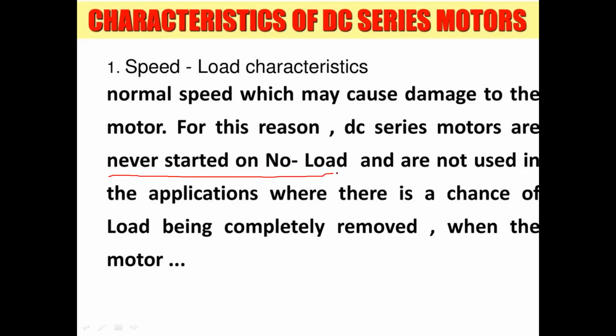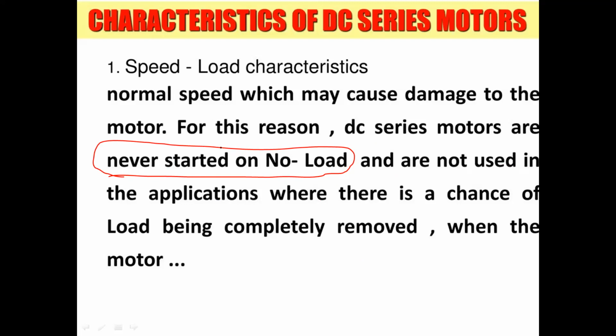This point is very important: a series motor is never started at no load. The motor must be started with minimum load, because at no load the machine takes a very small, negligible amount of current. Speed is inversely proportional to armature current in a series motor, because flux is proportional to armature current.